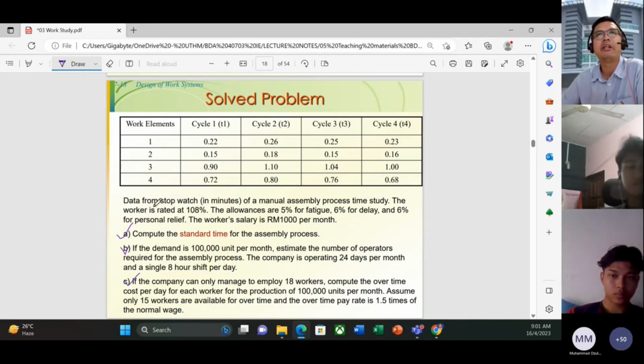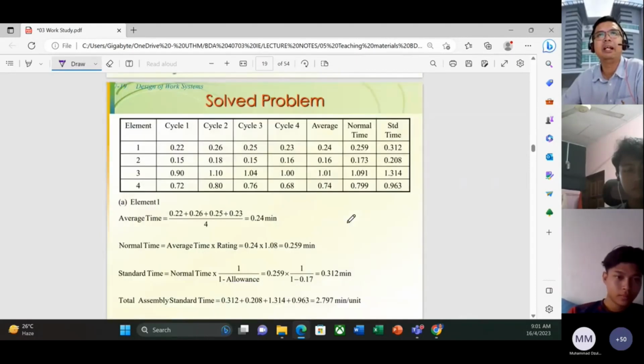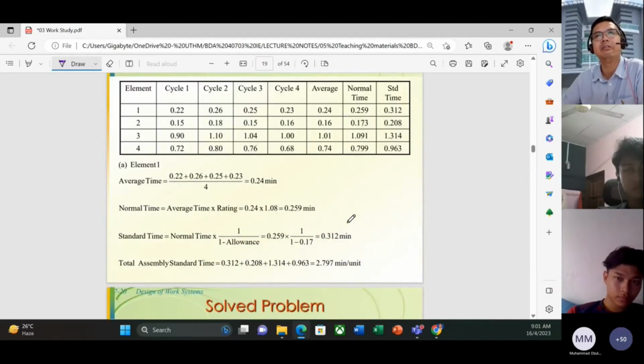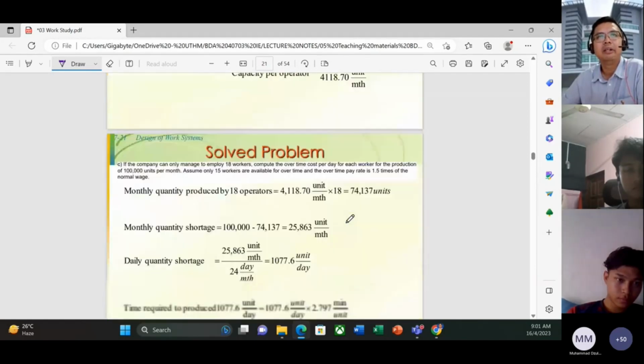Is it a time study or work sampling? Here we found that it is a time study, so please remember the formula for time study. They have given the answer here, so later on you can refer from here. Don't worry.